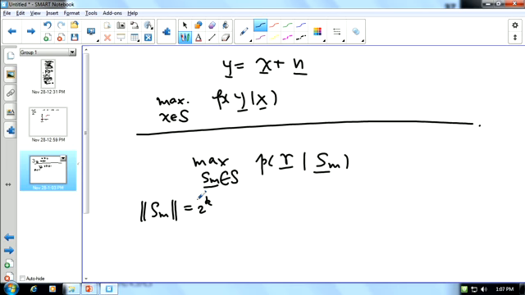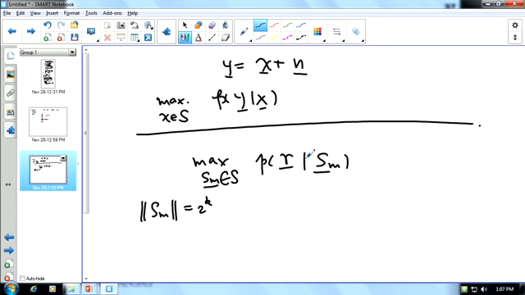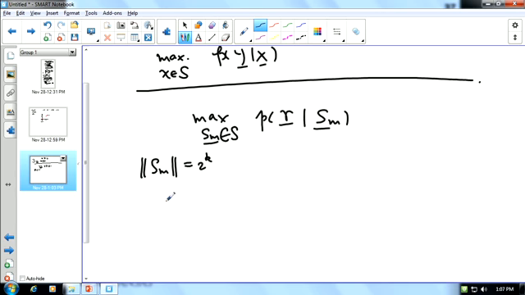So basically, for each S_m, we can get a C_m. For each C_m, we can get an X_m. Once we know X_m, we can actually write the likelihood function. So for this particular case, P(R|S_m) equals P(R|X_m).